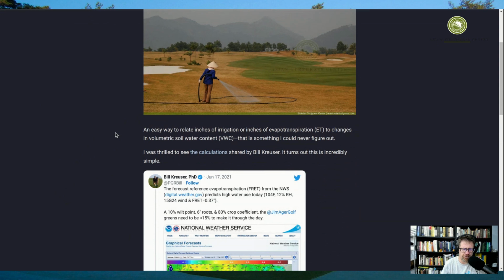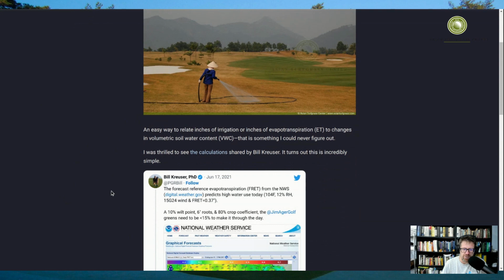And then volumetric water content, that is VWC, and that is the percentage number that you often see with soil moisture sensors or in-ground soil moisture sensors.